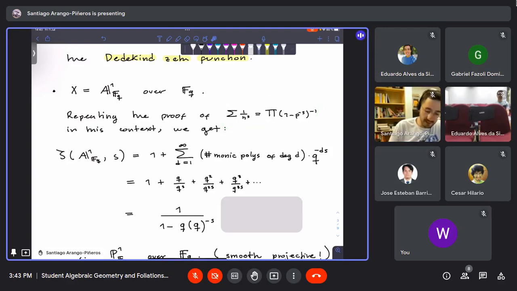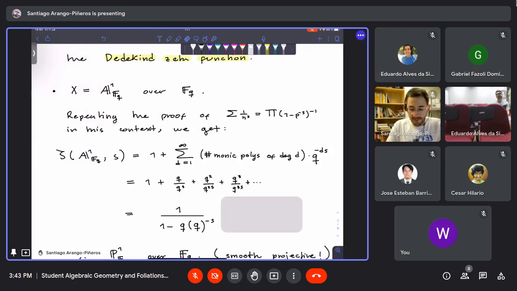What we end up getting is that we can write the zeta function of A1 as a sum where I'm counting the number of monic polynomials of degree d, which are very easy to count. It's just counting coefficients.